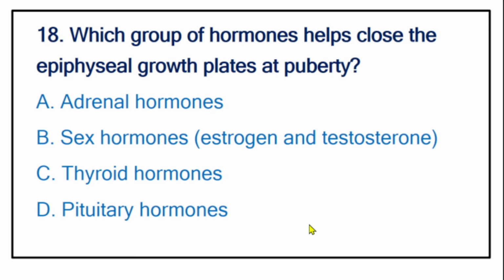During puberty or adulthood, sex hormones start to work. They close the epiphyseal growth plates because growth will be completed at that time, during the puberty or adulthood phase. That is helped by sex hormones like estrogen and testosterone.